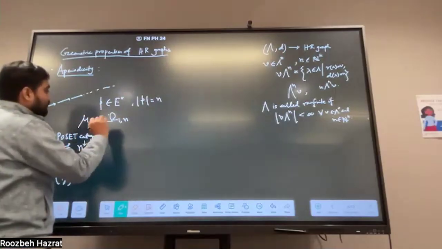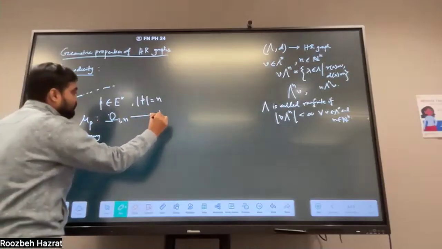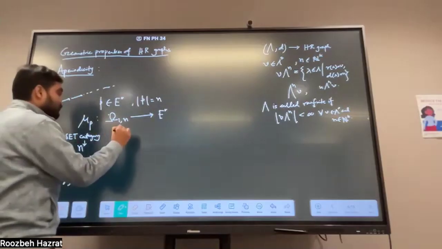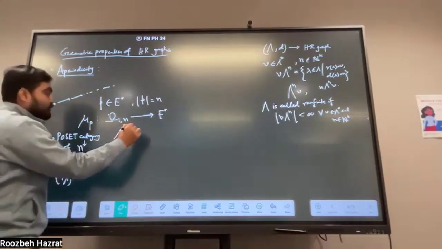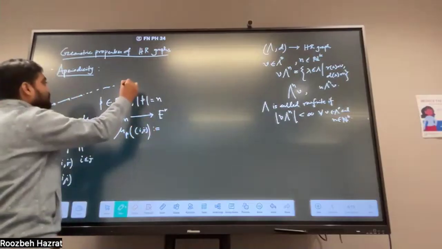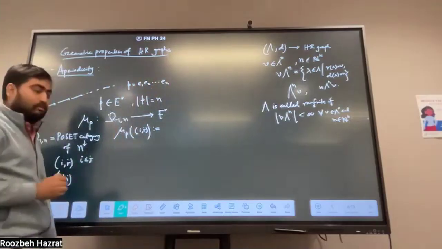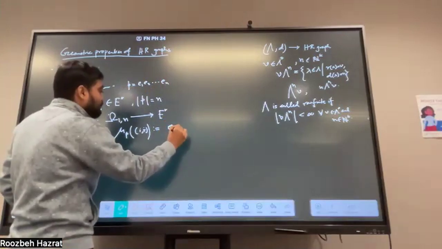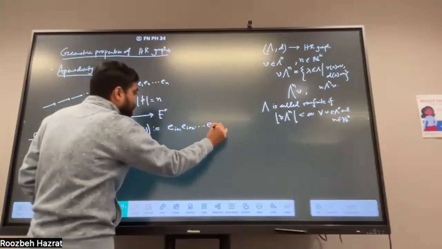And then you can view this path as a functor from omega 1n to this path category E star. How are you going to do that? You just need to fix the images of these morphisms. So ij will go to, suppose p is E1, E2, ..., En, then mu of ij will be E_{i+1}, E_{i+2}, ..., E_{j-1}, E_j.